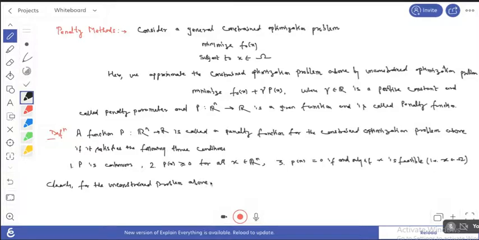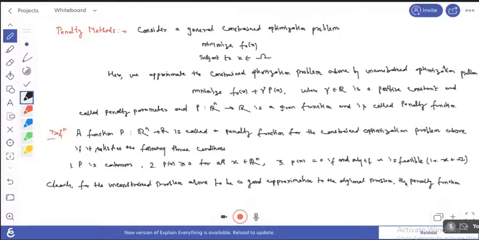that is defined above, to be a good approximation of the original problem, if we take the penalty function, if that penalty function is appropriate, then that reduced form unconstrained problem is very much close to the constrained problem.